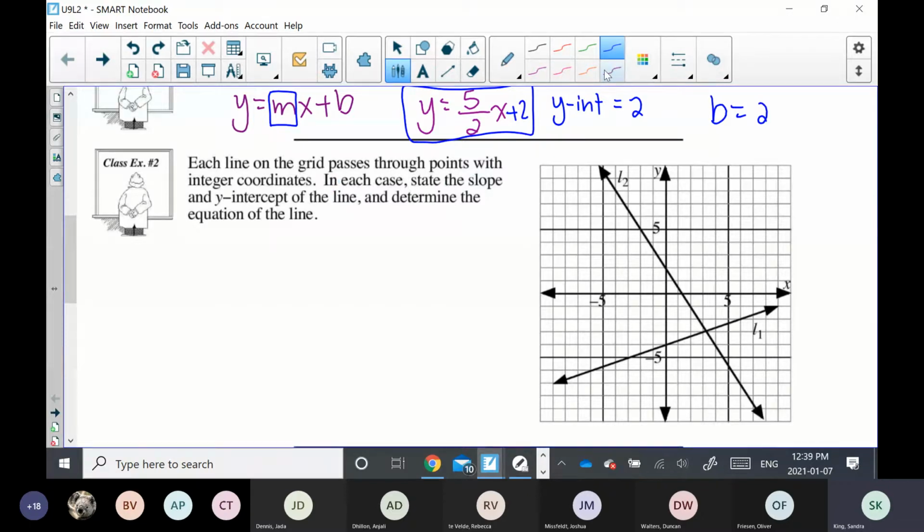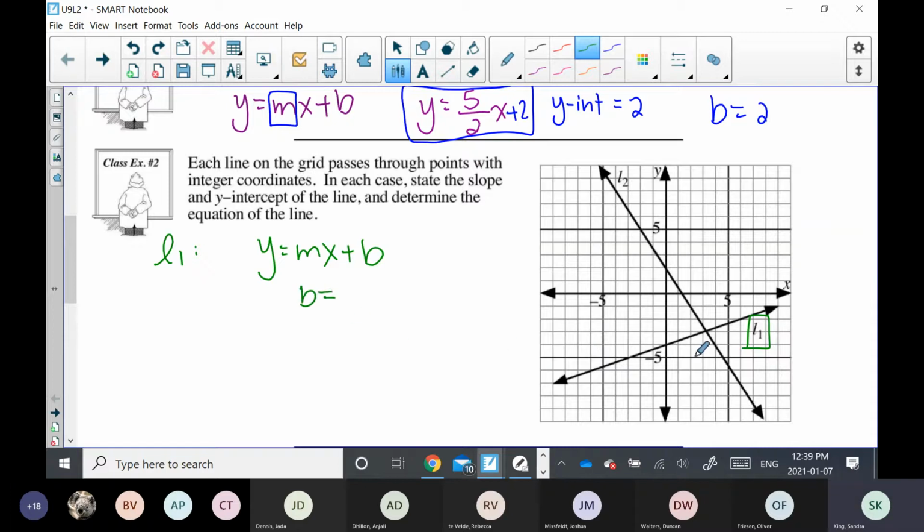So let's start, I'll do green, line 1. So we're going to figure out the equation of line 1. Okay, the equation of a line is y is equal to mx plus b. If you're given a line, you always want to look at what the y-intercept is. What's the b value?